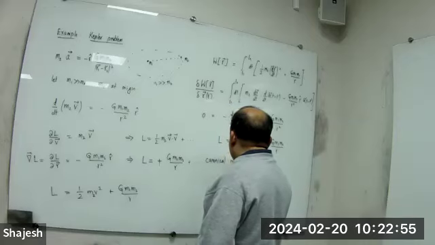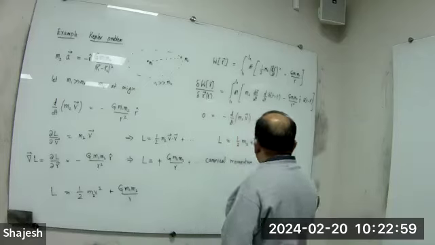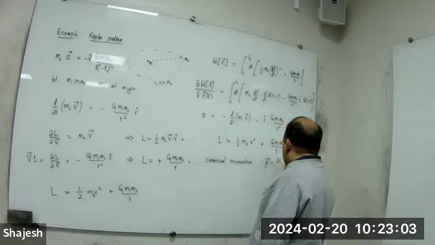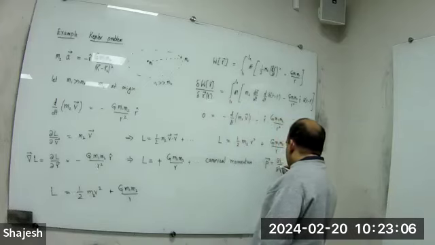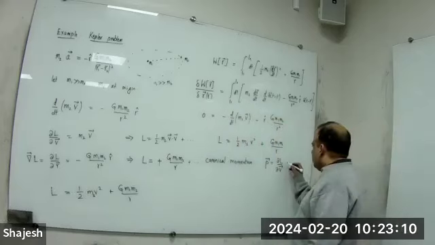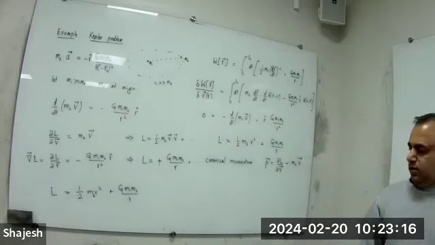In this case, again it comes out to be simple. P is a vector. It's dL by dv, which is equal to m2 times v, a vector. So that's the only difference.